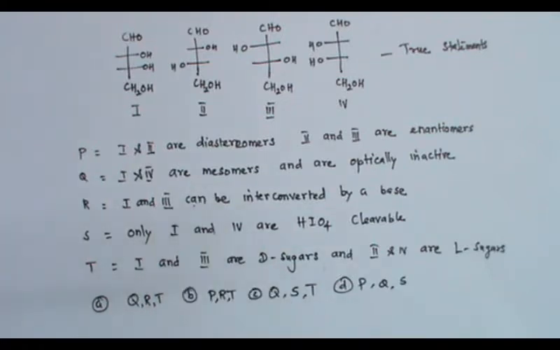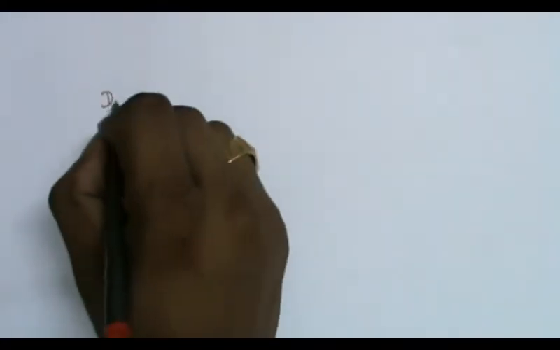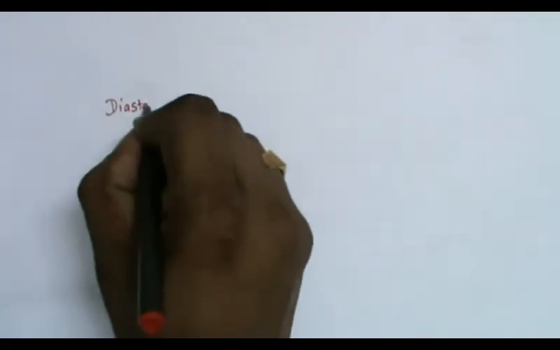First, let us go for diastereomers. What do you mean by diastereomer? When you go for more than one chiral center, the number of stereoisomers will be more. If you go for 2 chiral centers, there will be 4 stereoisomers. So, we needed some shortcut, some terminology to express the relationship between the stereoisomers.